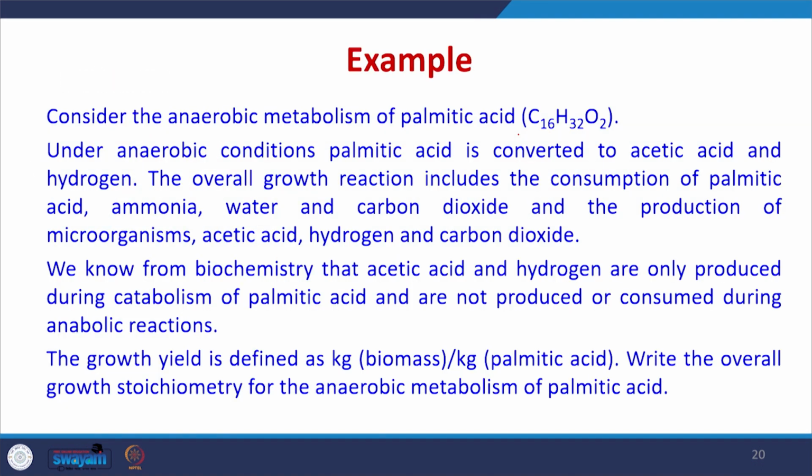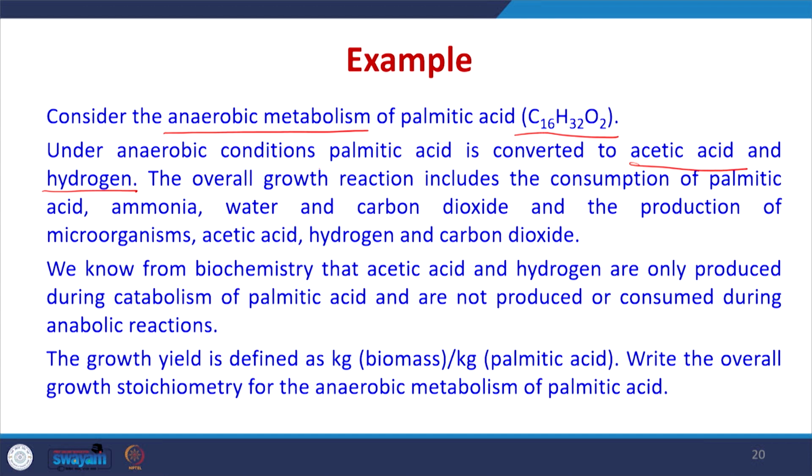Another example we can take is the anaerobic metabolism of palmitic acid, which is given by the formula C16H32O2. Under this condition the palmitic acid is assumed to be converted into acetic acid and hydrogen. The overall growth reaction involves the consumption of ammonia and water along with the palmitic acid, and production of microorganisms, acetic acid, hydrogen and carbon dioxide.